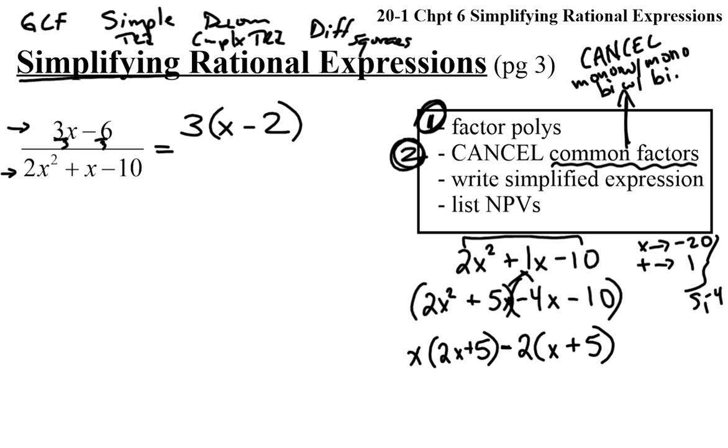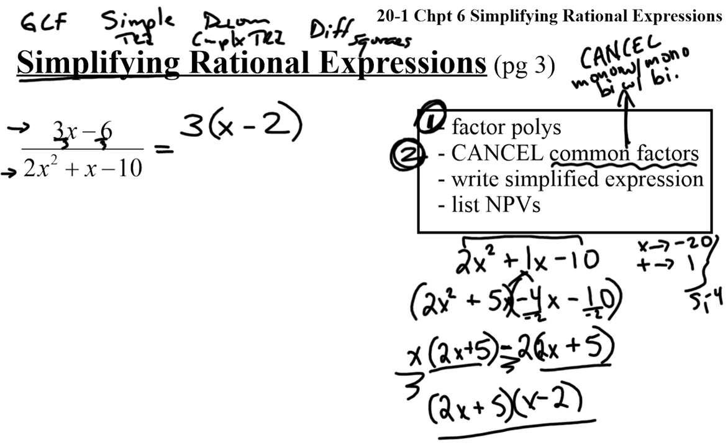Here I factor out a negative 2 so that when I divide, I end up with 2x plus 5. That's what I need. The same thing in brackets. So we have 2x plus 5 times x minus 2. There's our factored form. So we're going to have to do all kinds of factoring within this chapter.